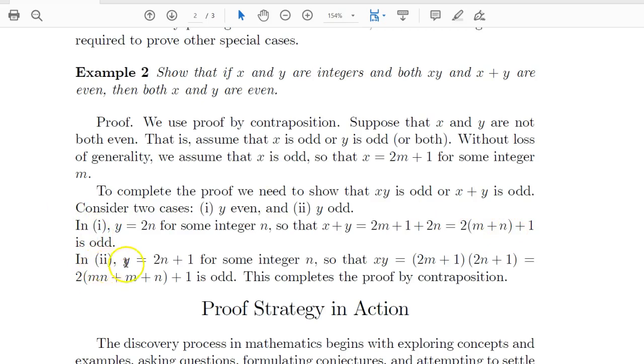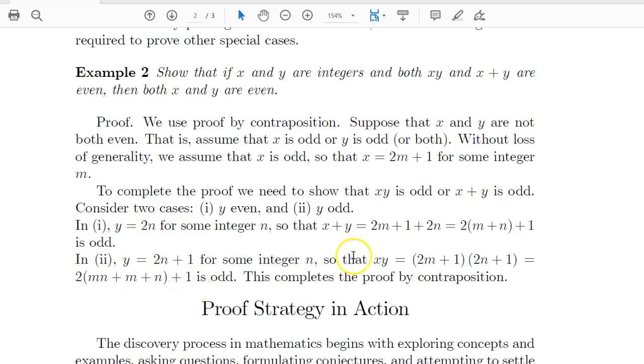In the second case, y is odd. So y is 2n plus 1 for some integer n, so that xy now is this product. Multiply out and factor out 2 for the terms that contain 2 as a factor, we get this.